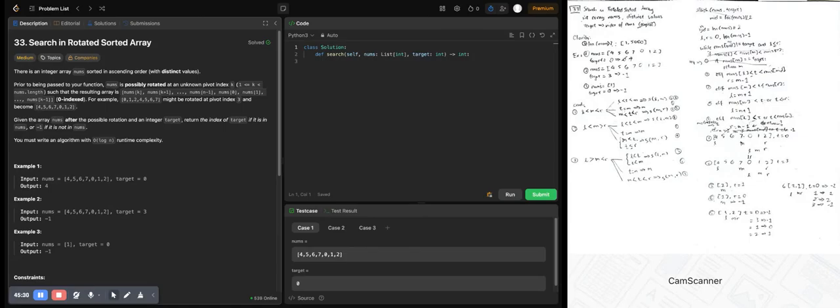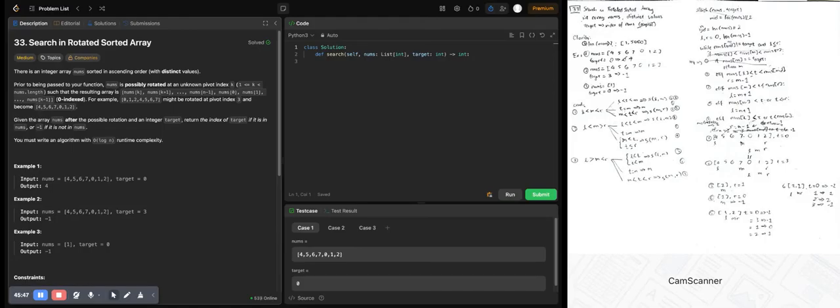Okay, this would be not fun. If t is 1, then it will return 1. If it is 2, it returns 2.